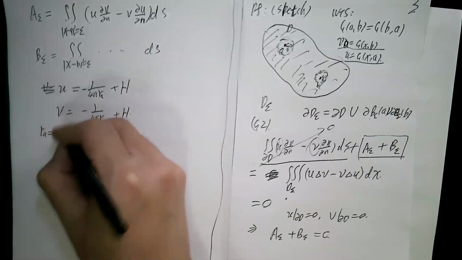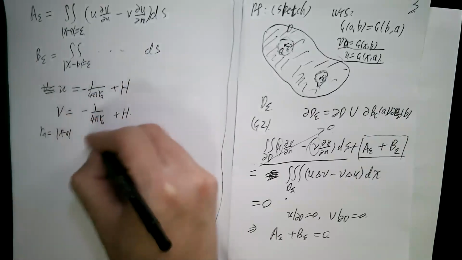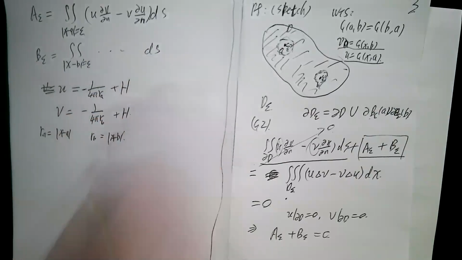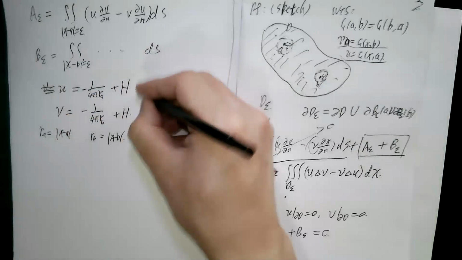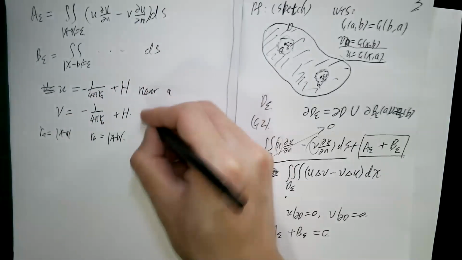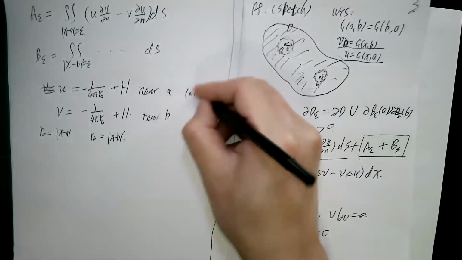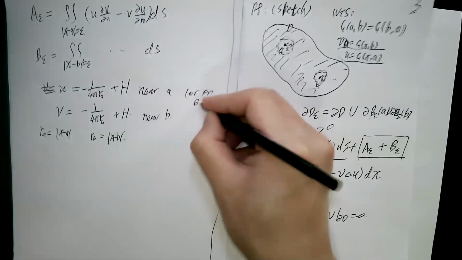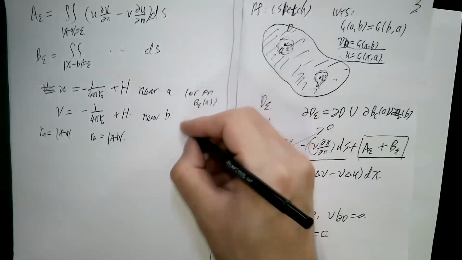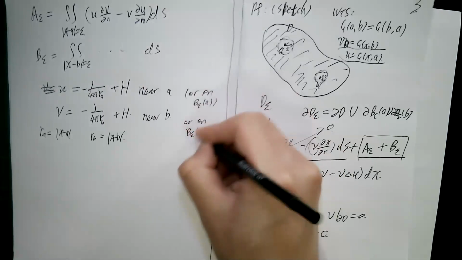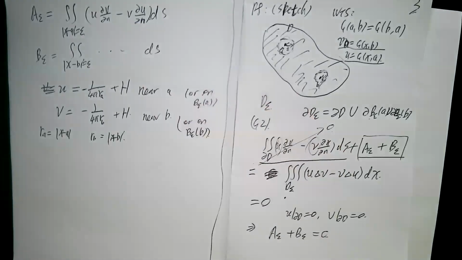Ra equals |x minus a|, Rb equals |x minus b|. Near a, near b, on the sphere B epsilon A or B epsilon B, we can write this u and v in terms of this kind of function.